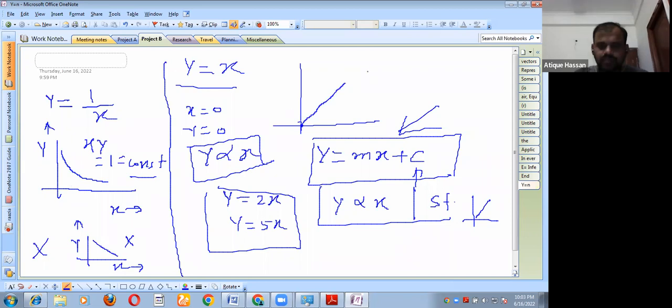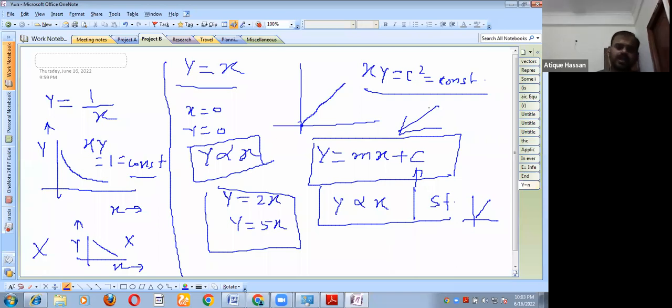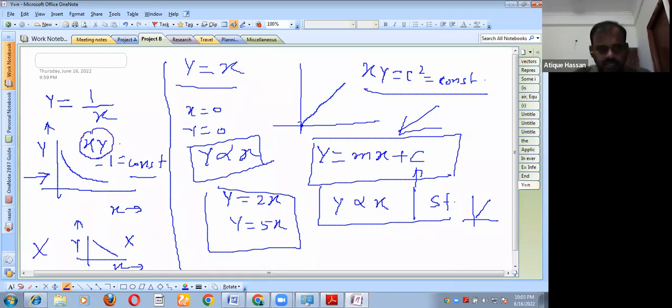In mathematics we studied this as xy equal to c square, a constant. The graph is called a rectangular hyperbola, but you don't need to remember that much. Just remember that if it is xy equal to constant, then the graph will be like this.